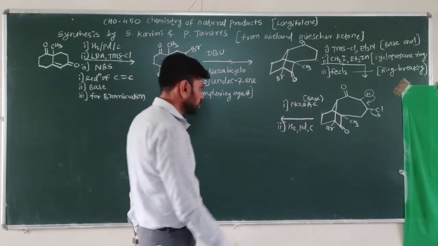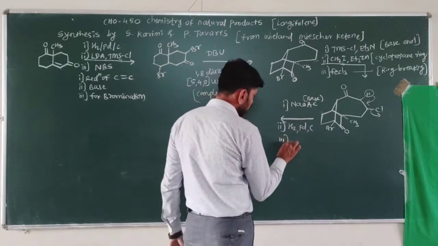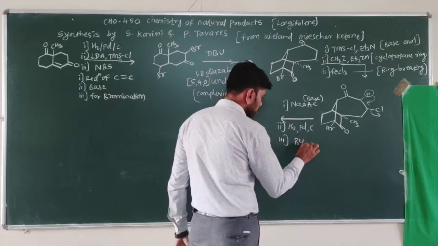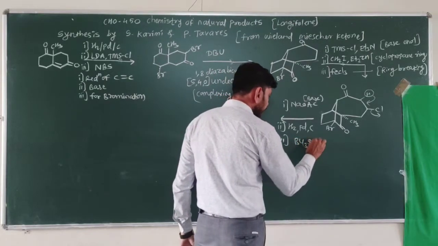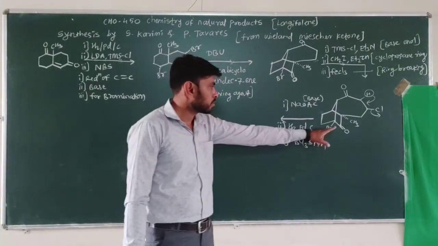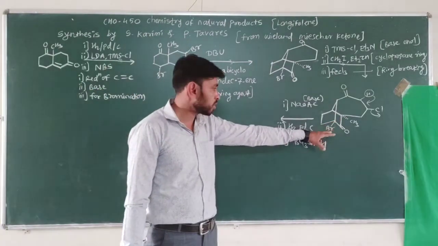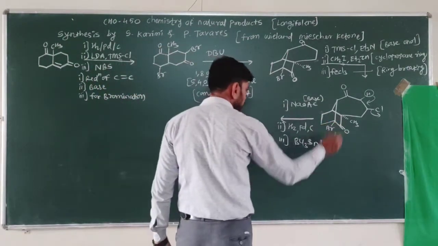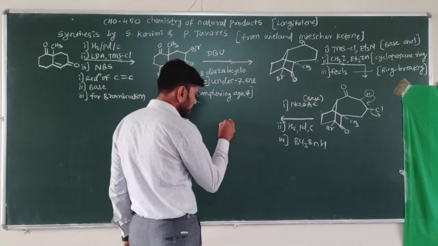That double bond is reduced, and again in the third stage we have used tributyltin hydride. This removes this Br group by the action of reduction. So what is the ultimate product?